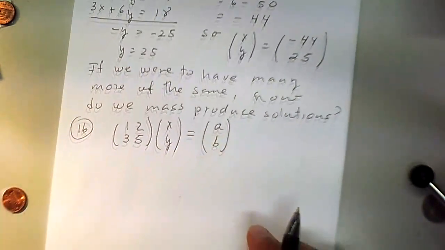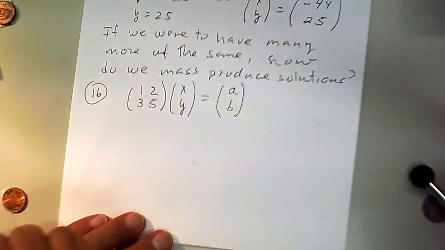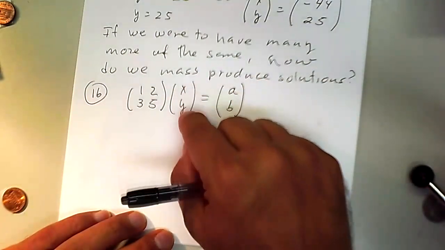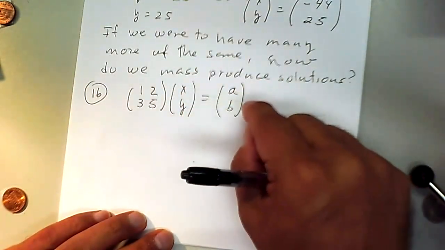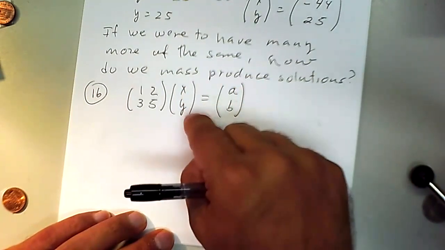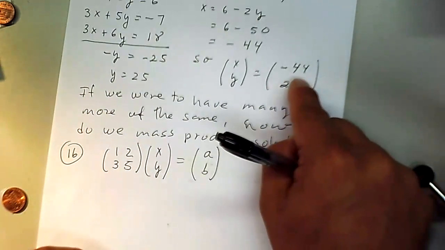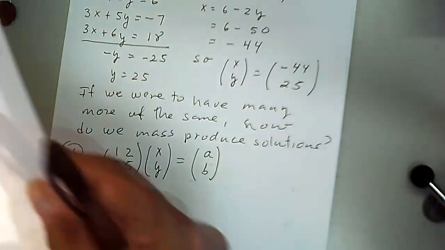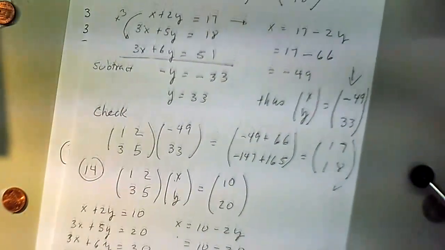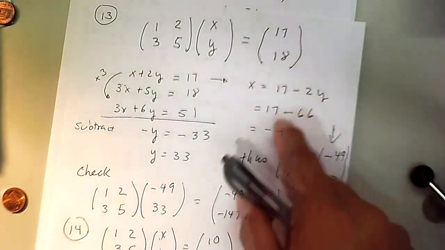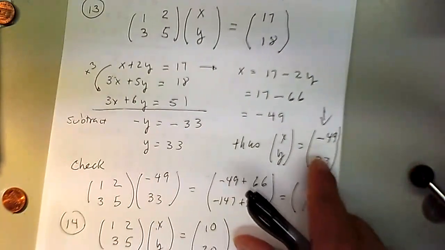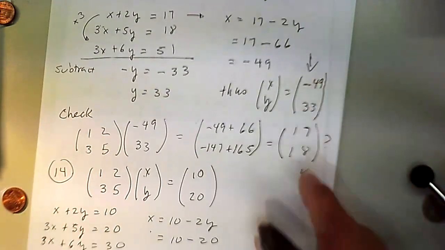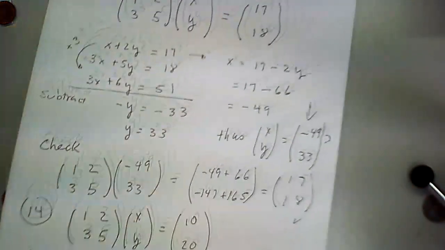So let's do the generic system of equations where those two are constants, and we have to figure out what x and y work. In this case, it was negative 44 and positive 25. In this other case, I still remember it was negative 10 and 10. The first number seems to be negative and the second one positive. That is a pattern that seems reasonably consistent.